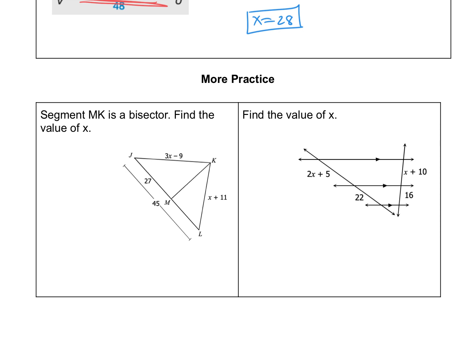What else? Segments. Do we know what MK is bisecting? No. So right now, can you write above that, segment MK is an angle bisector? Angle bisector. All I want is you to take 2 minutes and set the two up. Write a proportion for each. I don't want you to solve. I just want you to take the opportunity to set them both up, please.